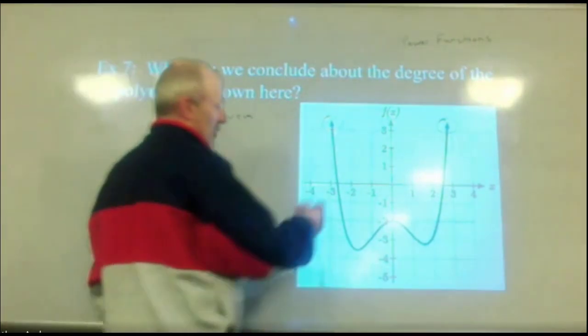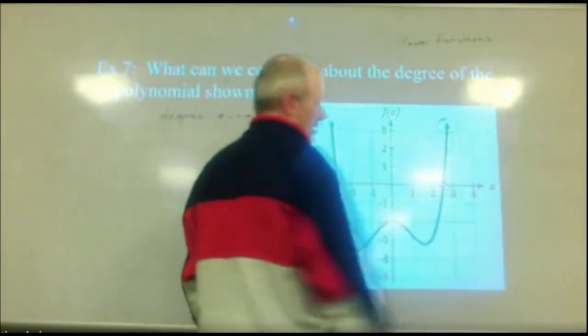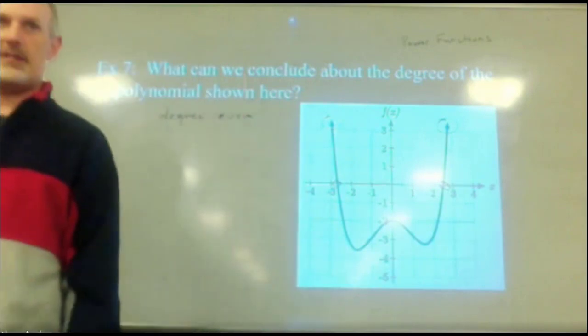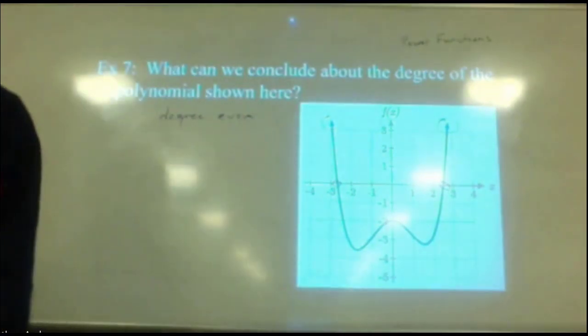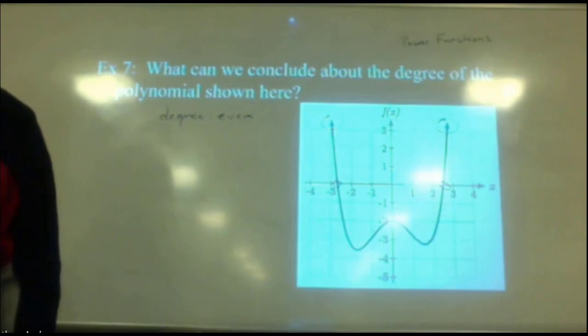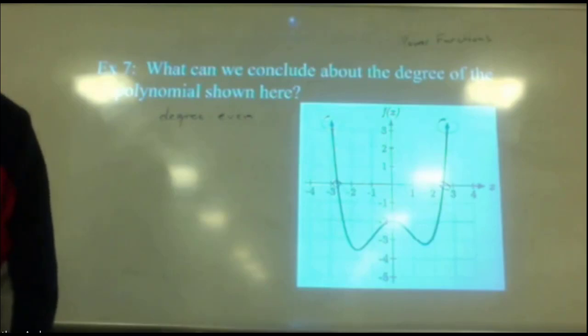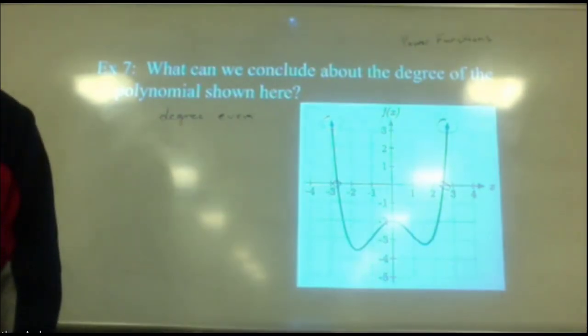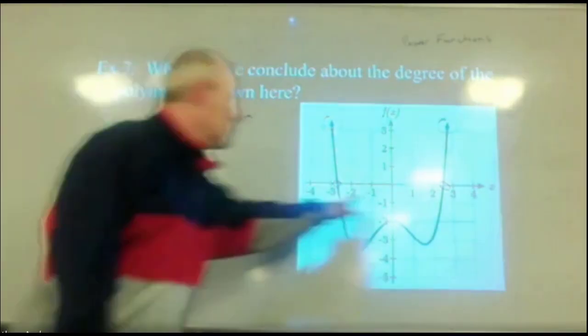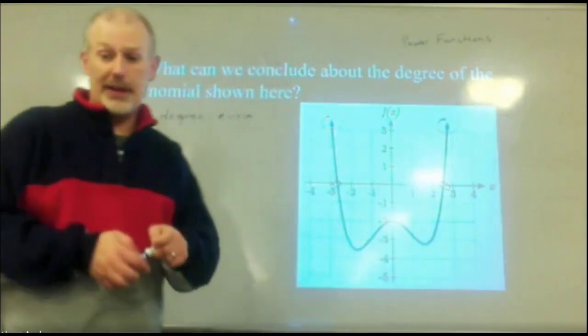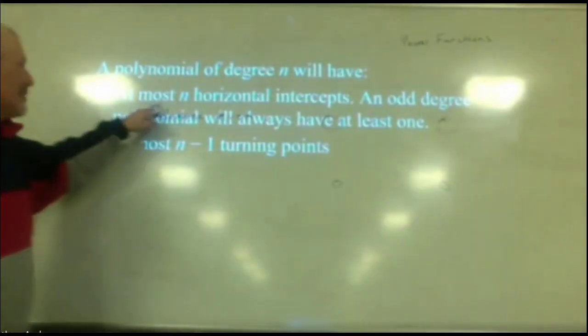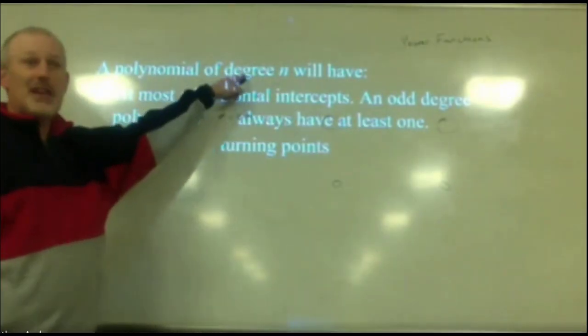Well, the next thing is we can see that there are 2 x-intercepts, right? Which means the degree has to be at least what? If there are 2 x-intercepts, the degree has to be at least what? Well, that's where they are, but we're talking about the degree, and we're going back to, it has at most n intercepts if the degree is n.